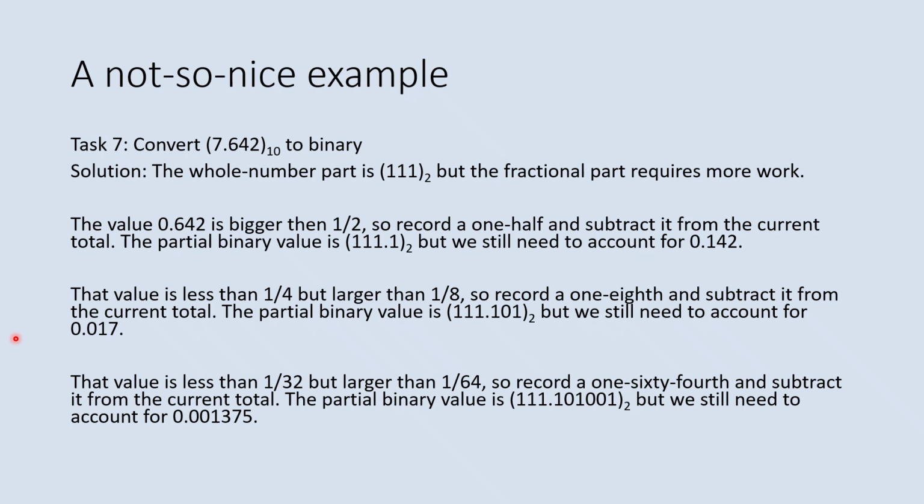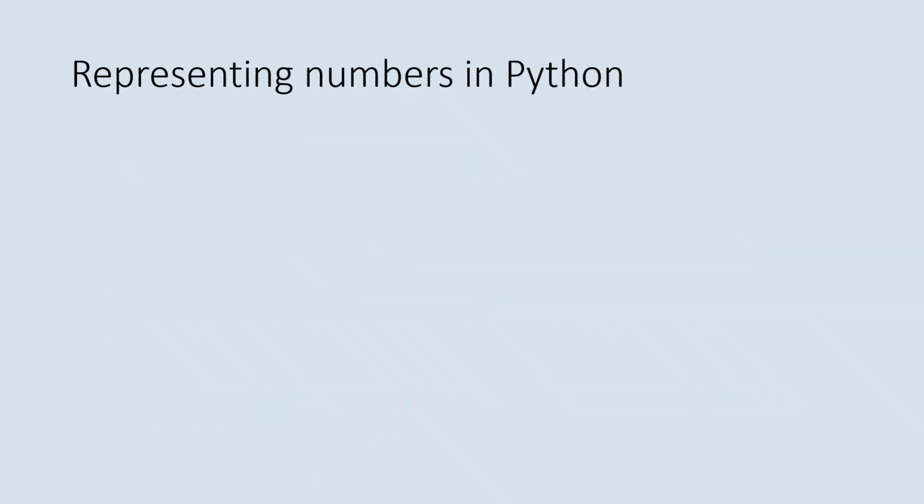No matter how far over we pick up something, there's just a little bit more left. We go over further and get another 1, and it has to keep going. So this is a non-terminating fraction representation in binary in this case. It terminates perfectly fine in decimal, but in binary it continues on.